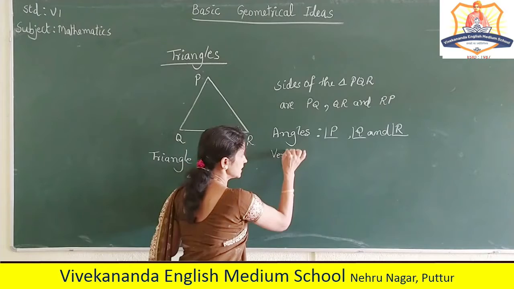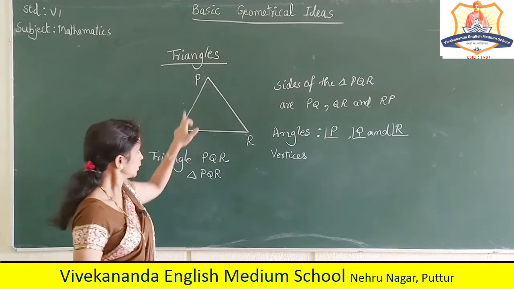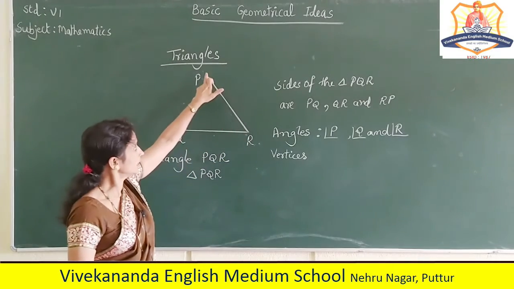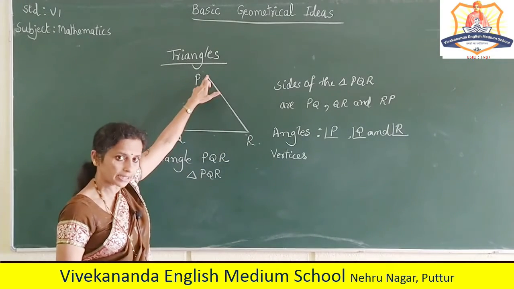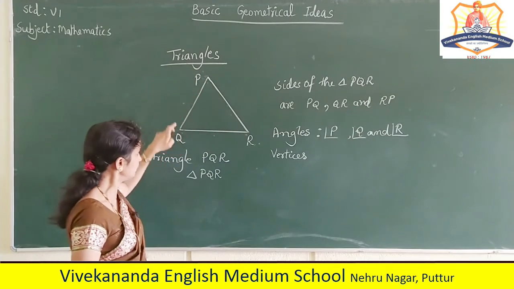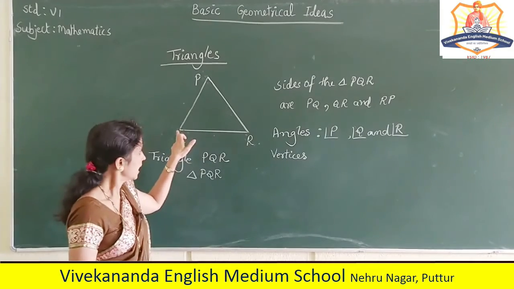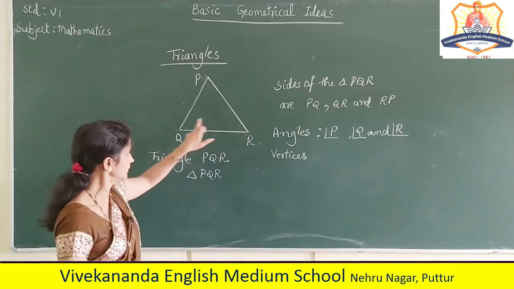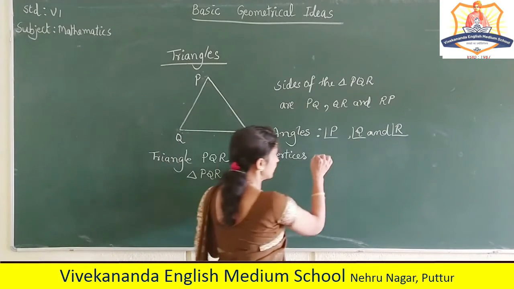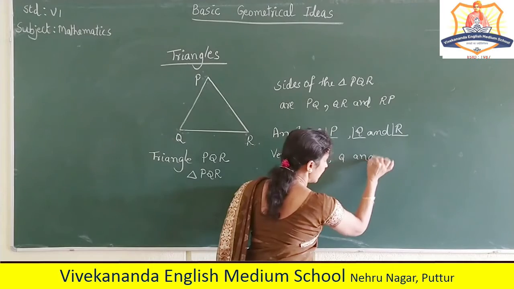Which are the 3 vertices here? They are P, Q and R. Here the 2 sides meet at one point, that point is the vertex P, and Q is another point where the sides PQ and QR meet, and R is another vertex in which QR and PR meet.